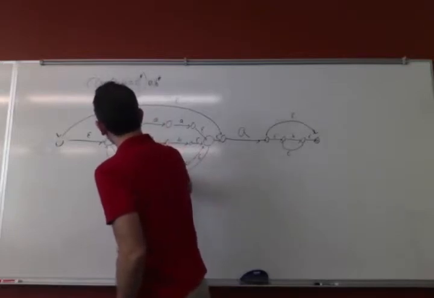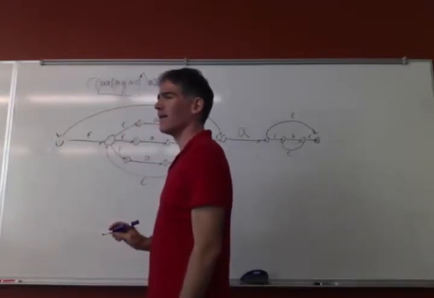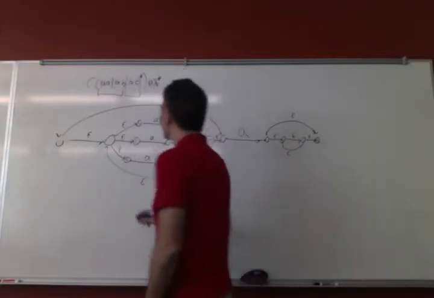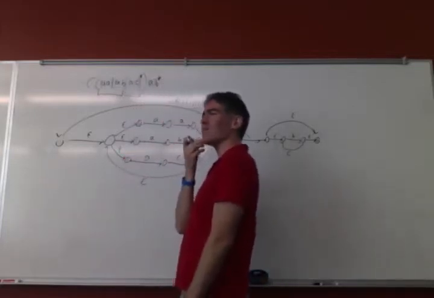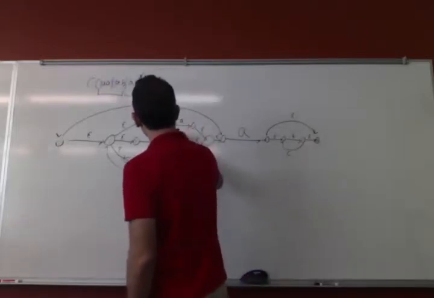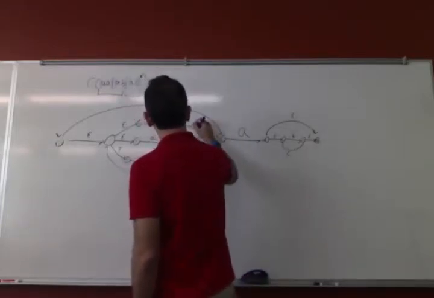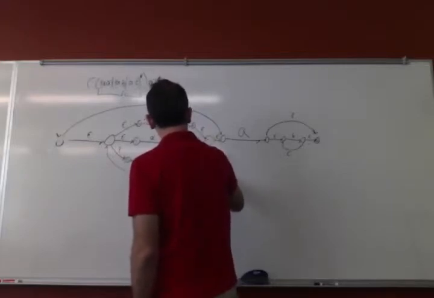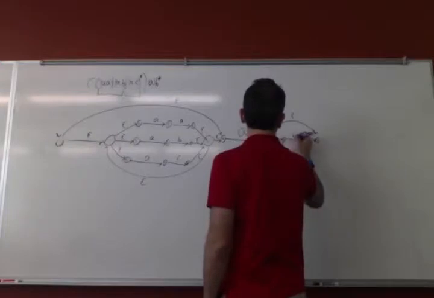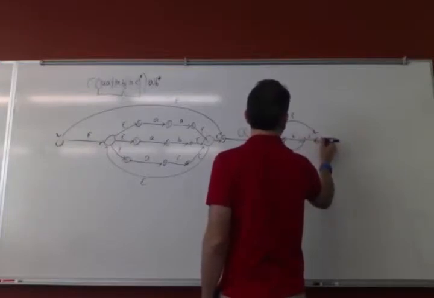Now I can number these in any way, but it's going to make my life a little easier if I do it this way, because I'm always thinking ahead about how I should be numbering these to make my life easier. 5, 6, 7, 8, 9, 10, 11, 12, 13, 14, 15, 16.